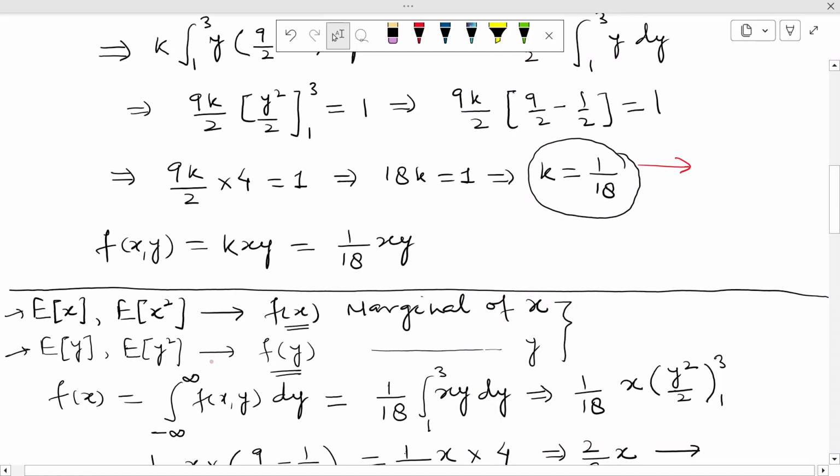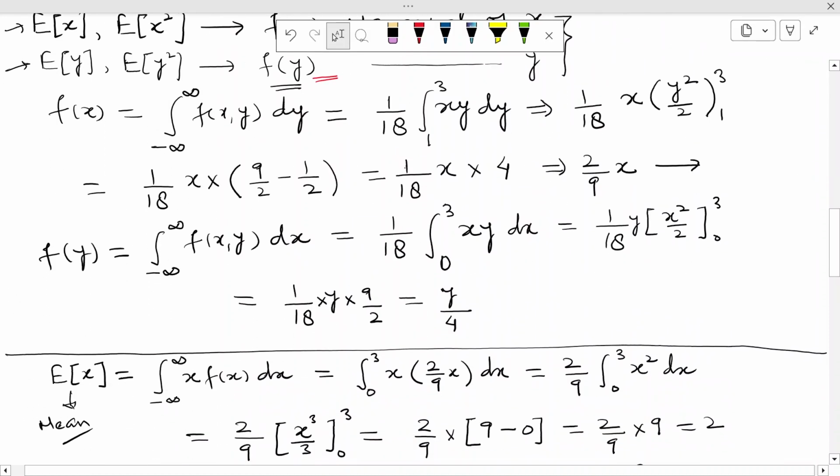Now next we find the expectations of x, y, x square, y square. So we have to find out the marginals, the marginal of x and the marginal of y. In order to obtain the marginals, we have to integrate our joint PDF with respect to y.